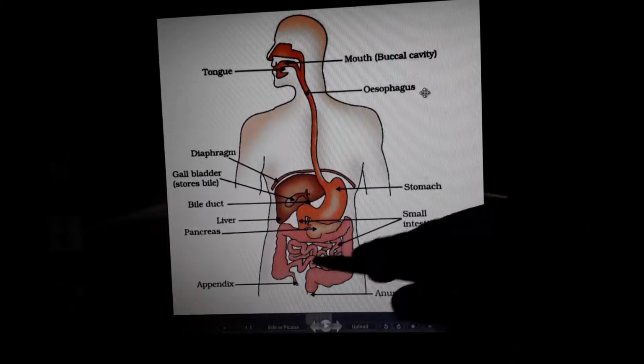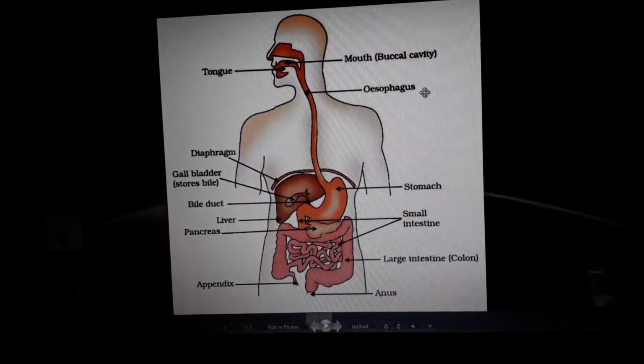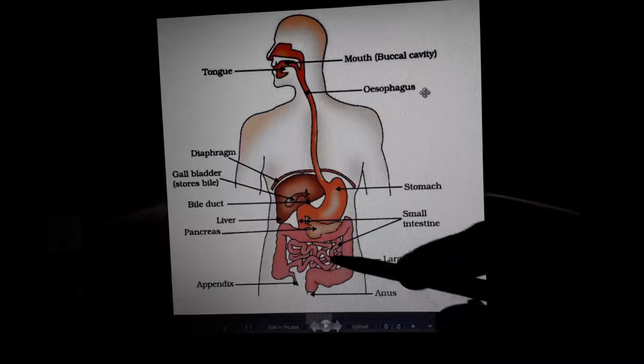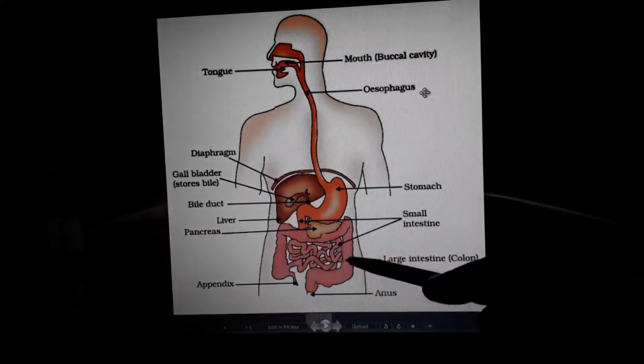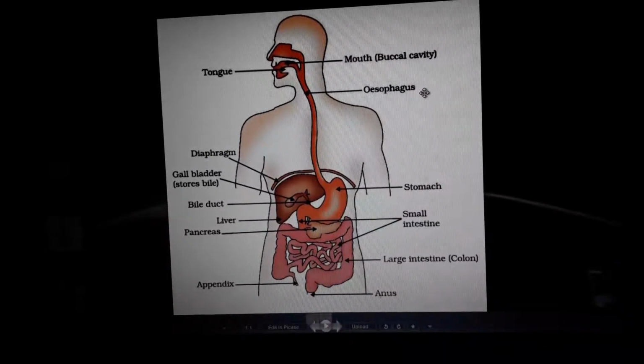According to length, it should have been called the large intestine. It is called the small intestine because its width is very small compared to the large intestine. So large intestine 1.5 meters, small intestine 6 to 6.5 meters. So that is the main digestive system.